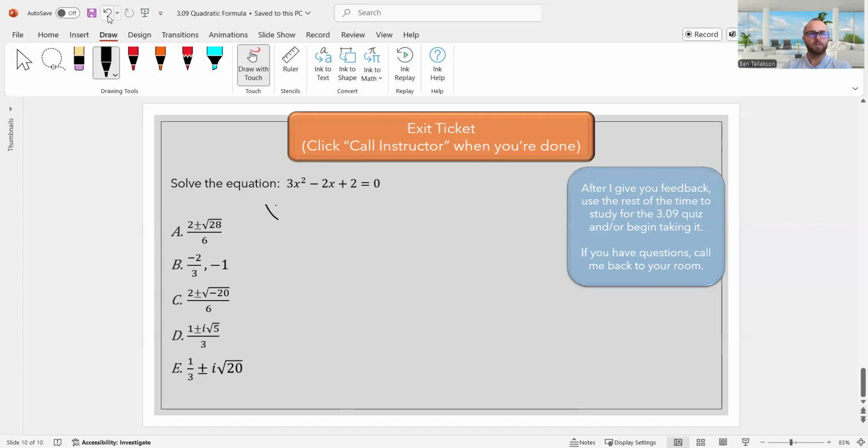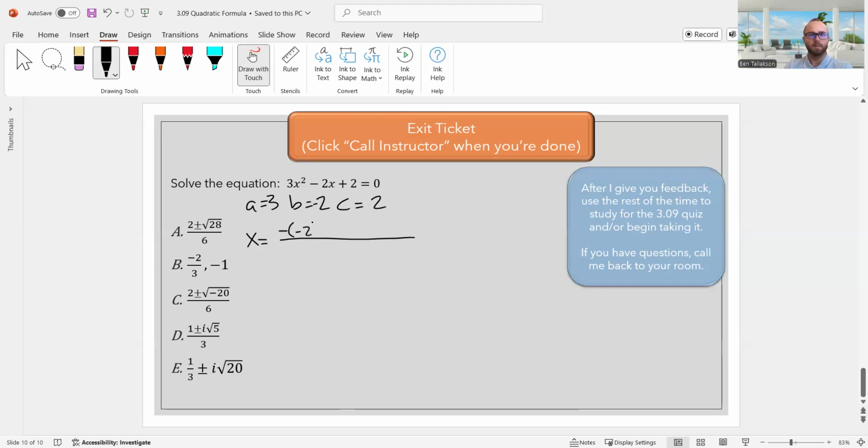So is it in standard form? Yes, it is. Beautiful. So A, B, C. Well, I was going to draw arrows, but I'll just write them in. 3, -2, and 2. So let's get it all set up very carefully.